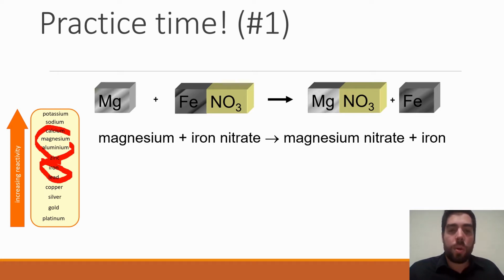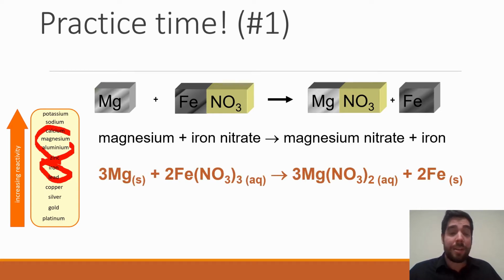Magnesium will react with iron nitrate to form magnesium nitrate and iron. This is the balanced equation as well. So magnesium reacts with iron nitrate to form magnesium nitrate and iron. Magnesium is being oxidized and the iron is being reduced.